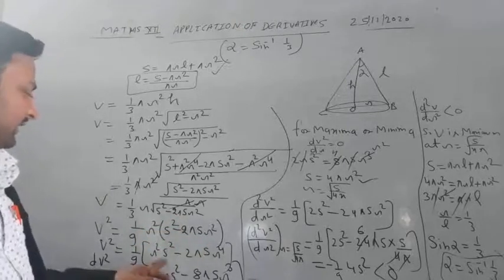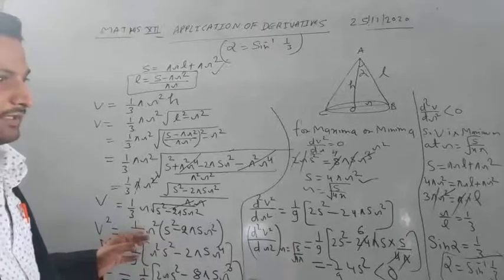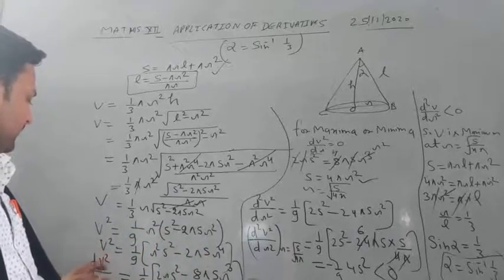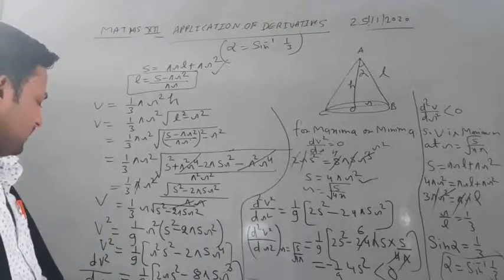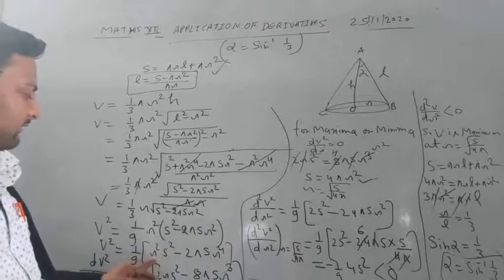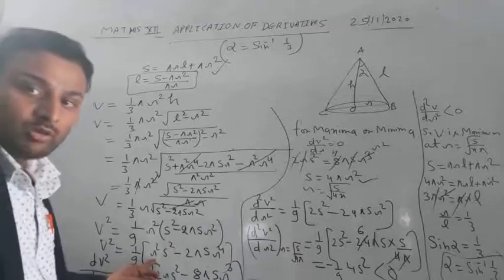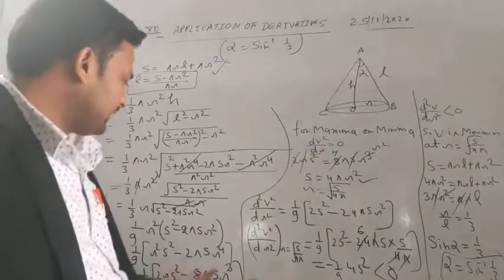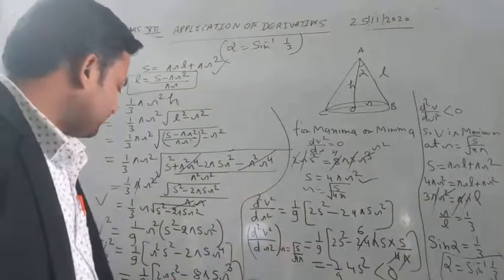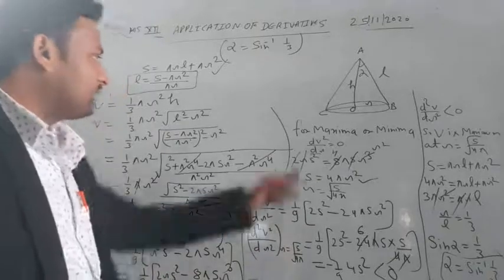Now we will differentiate this term. We will multiply this r square inside the bracket. So dV2 upon dr is equal to what? 1 by 9 S square, the differentiation of r square with respect to r is 2r, and 8 pi S r cube. Now for maxima and minima, it will be equal to 0.